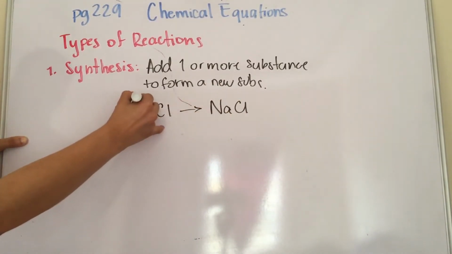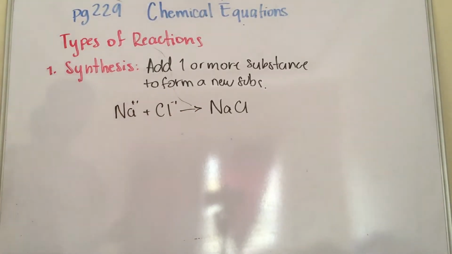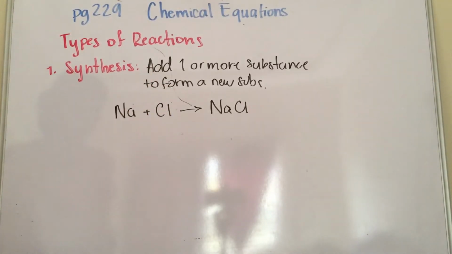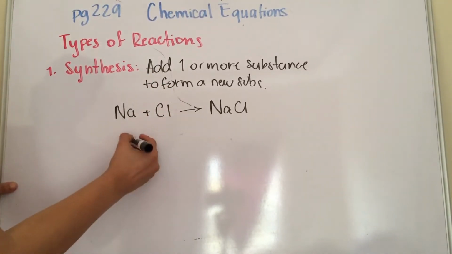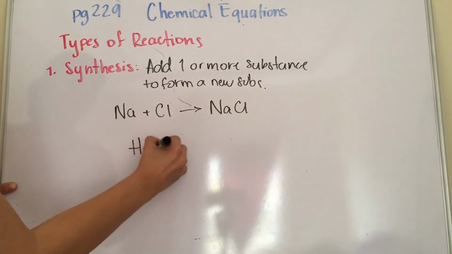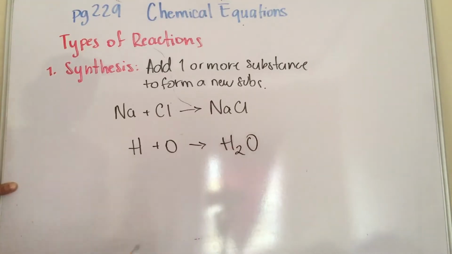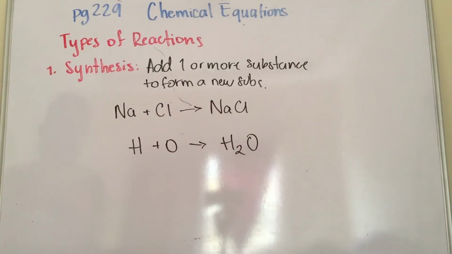Why? Because this one has a charge of +1 and this one has a charge of -1. This we already know, so I'm not going to go through that. We have another example, hydrogen plus oxygen, so we're going to have H2O. That's a synthesis reaction because we're producing one substance out of one or more.